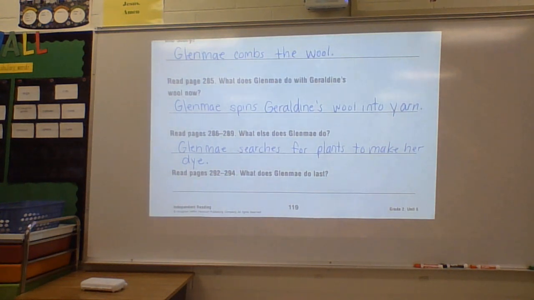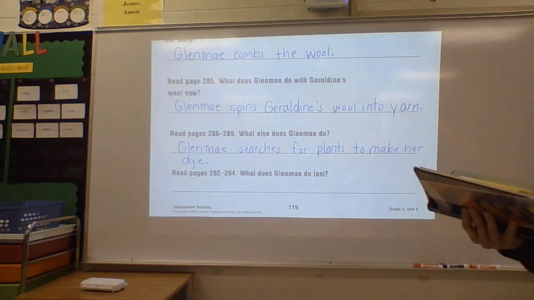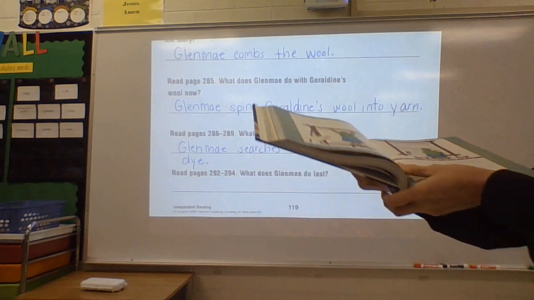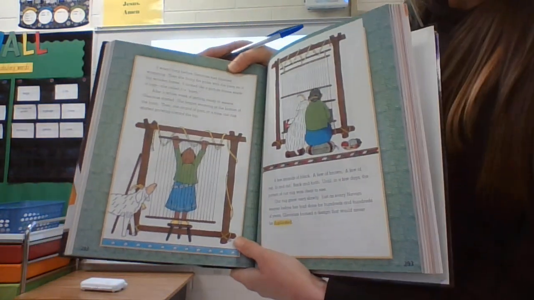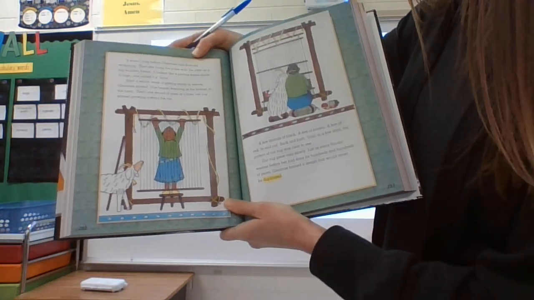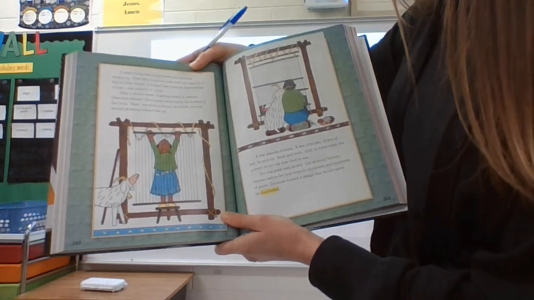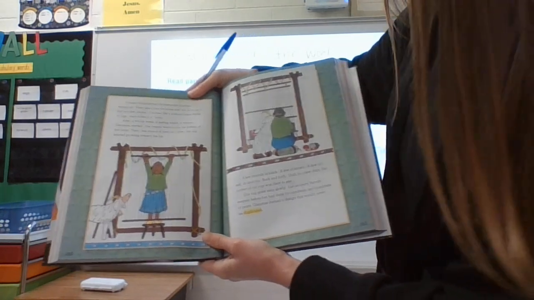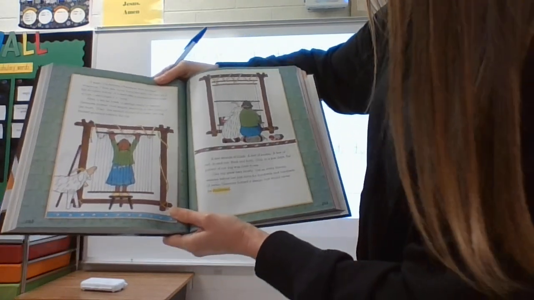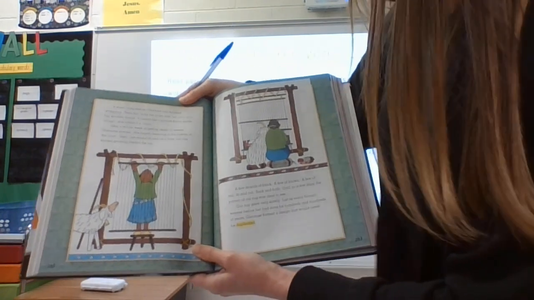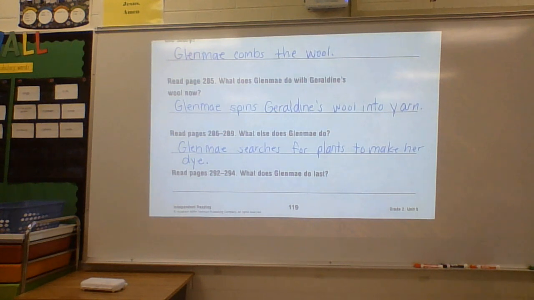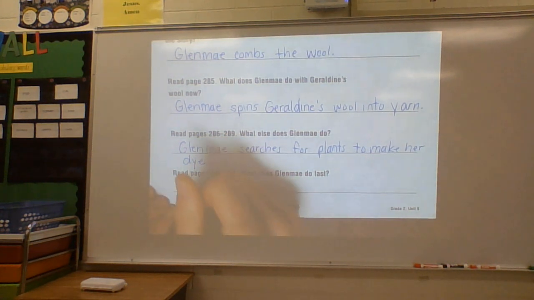And our last question. Read pages 292 to 294. What does Glen May do last? Well, the very last thing she does is she puts everything on her loom. Remember, the loom is the big contraption that she uses to weave her rug. So that's what she does. She puts all of her yarn on the loom and weaves the rug. So how can I put that into a complete sentence?